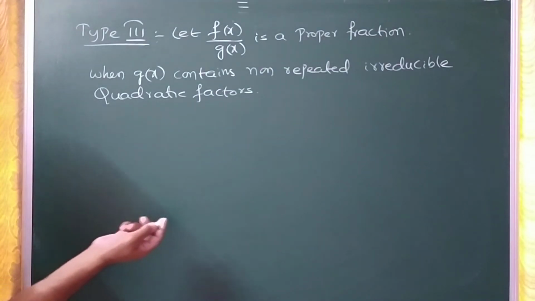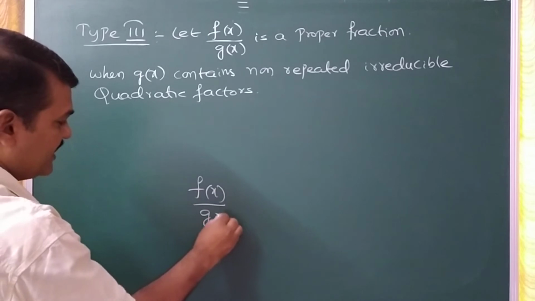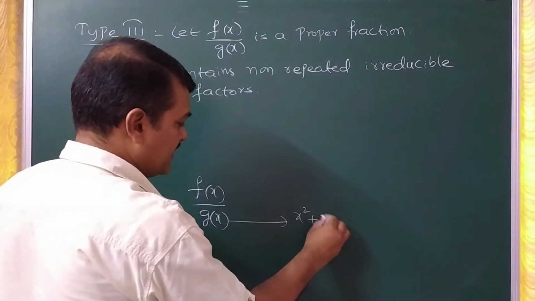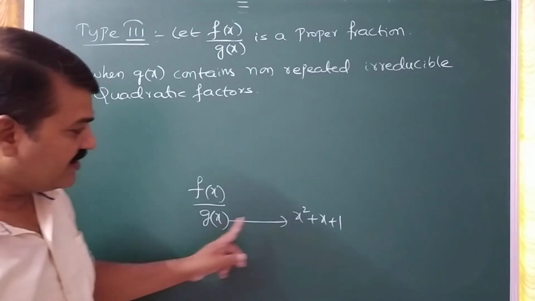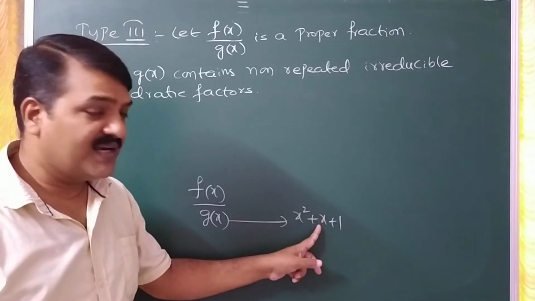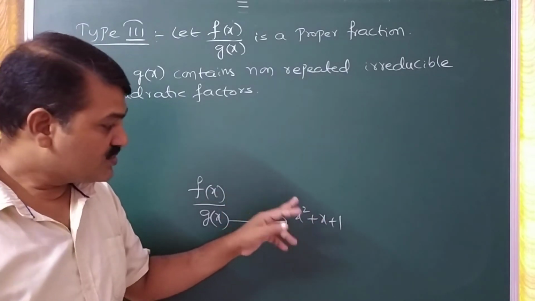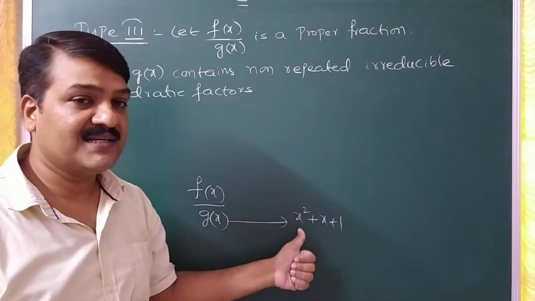Okay, so for example, in f of x by g of x, suppose g of x has x square plus x plus 1 in the denominator. This is quadratic. You cannot factorize this further. So therefore this is a quadratic irreducible factor.